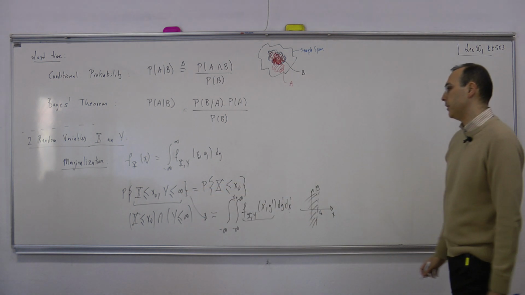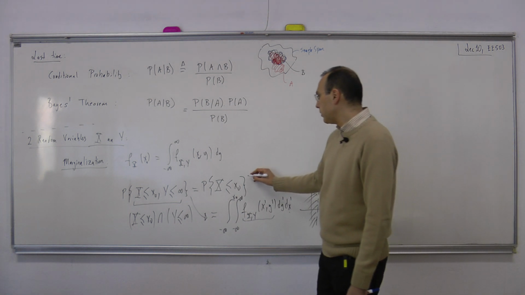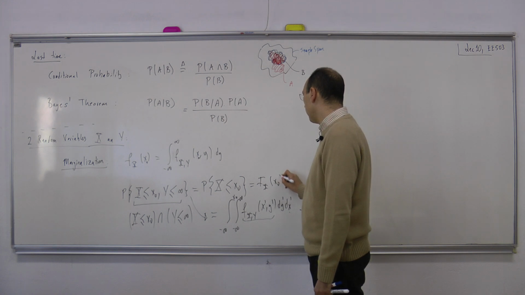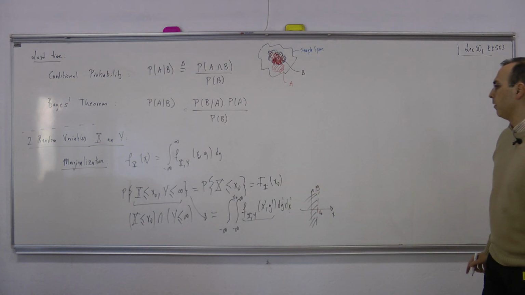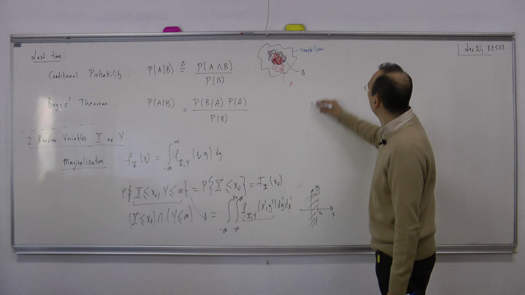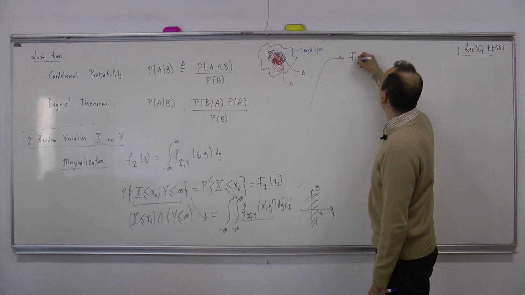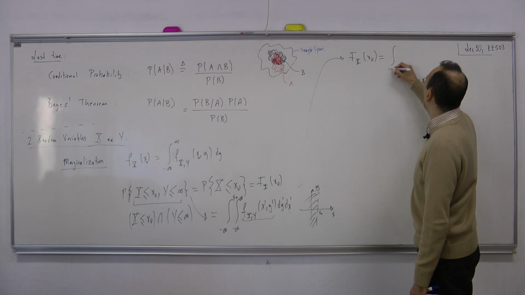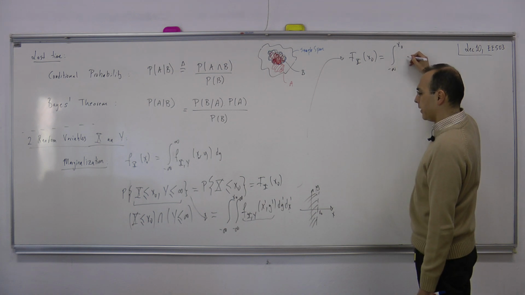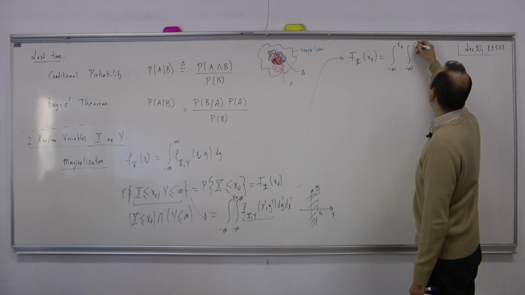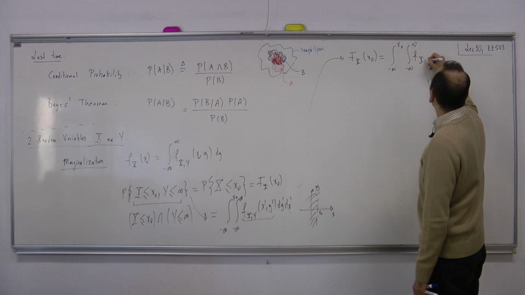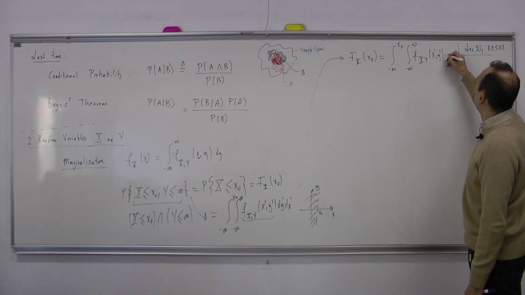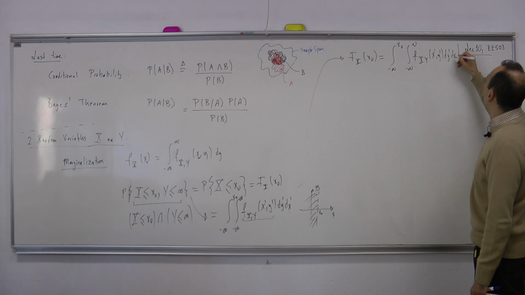But I know that this probability is nothing but, by the definition of CDF, this. So let me move over here: F_X(x naught) is equal to the integral from minus infinity to x naught of the integral from minus infinity to infinity of f(x prime, y prime) dy prime dx prime.